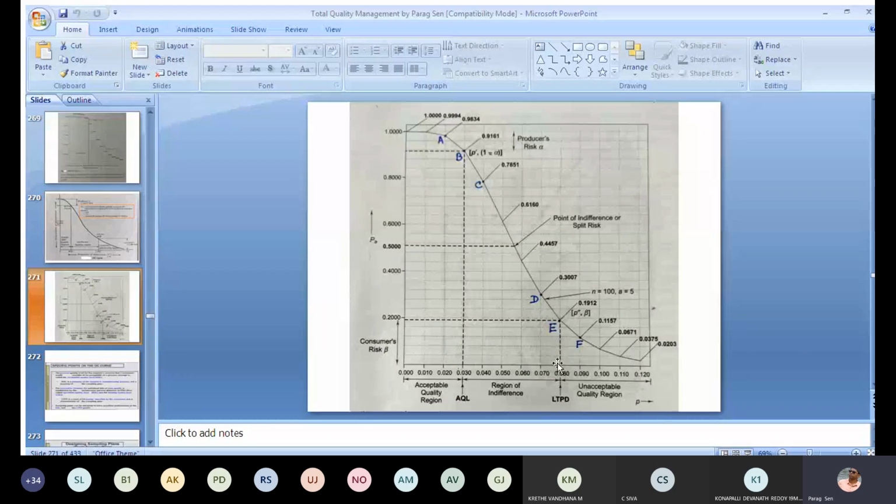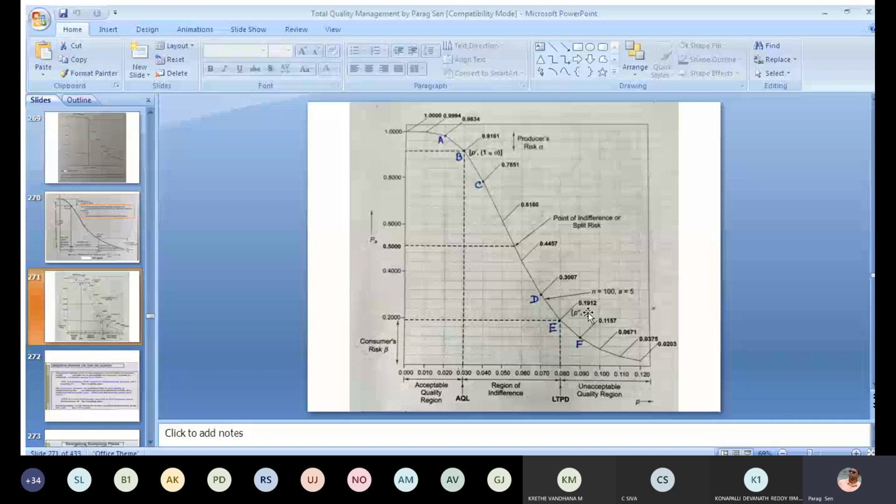This y value will be your consumer's risk. If you are asked that the lot contains 9% proportion defective, then what about the consumer's risk? Your answer will be 0.1157. This will be your consumer's risk. So this is the concept of producer's risk and consumer's risk.